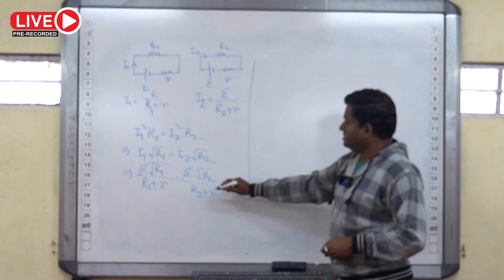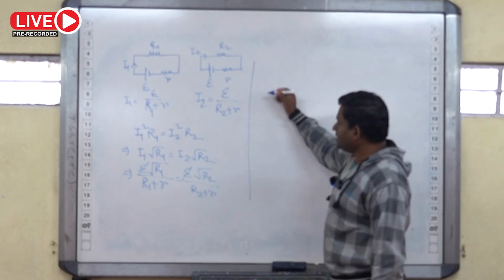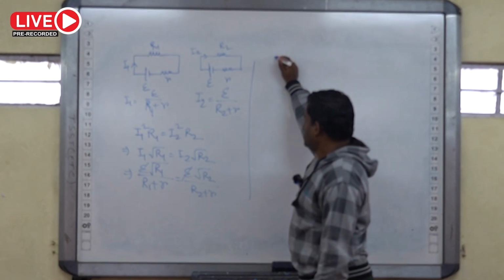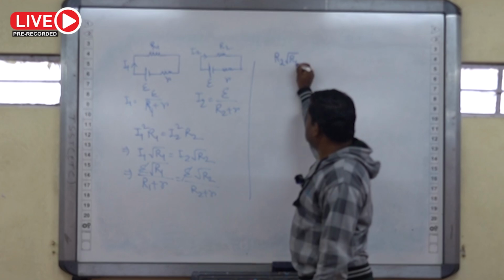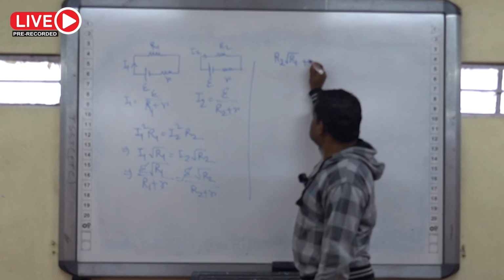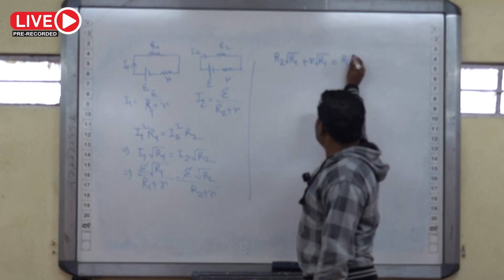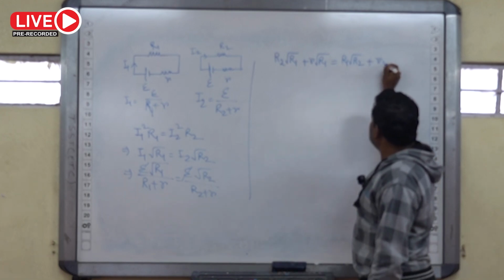See, after this, if you cross multiply, then it will be R2 root R1 plus R root R1 equal to R1 root R2 plus R root R2.